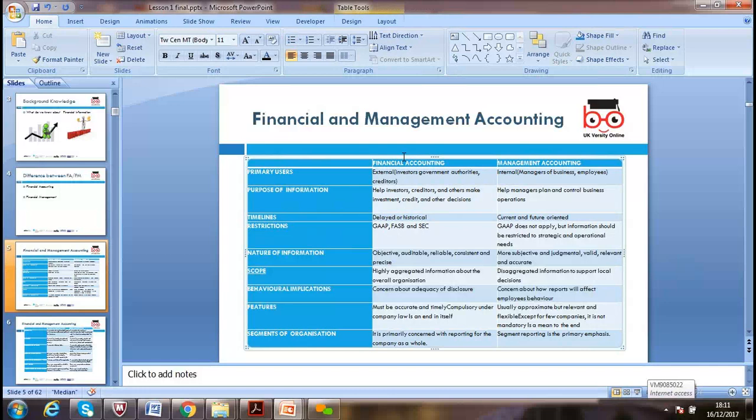Then financial accounting has a standard, called GAAP, the Generally Accepted Accounting Principles, or International Accounting Standards, which set how we record, right to left, left to right, with debit and credit rules applying. But in management accounting there are no proper rules. It's up to you what is beneficial for your organization.